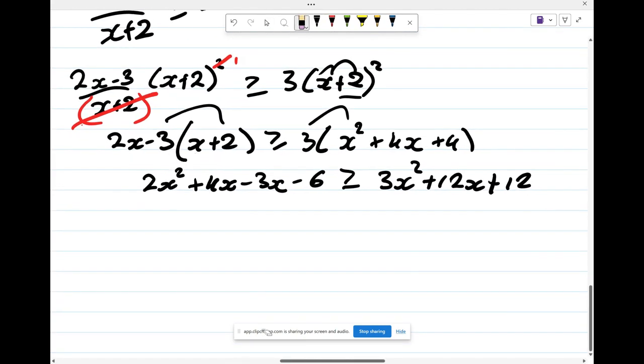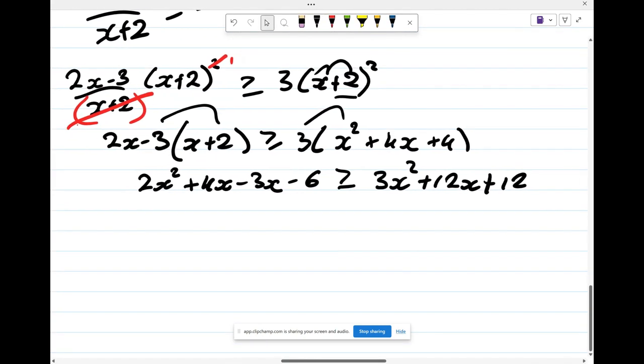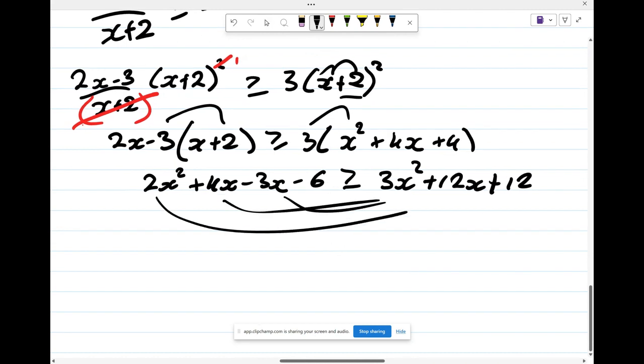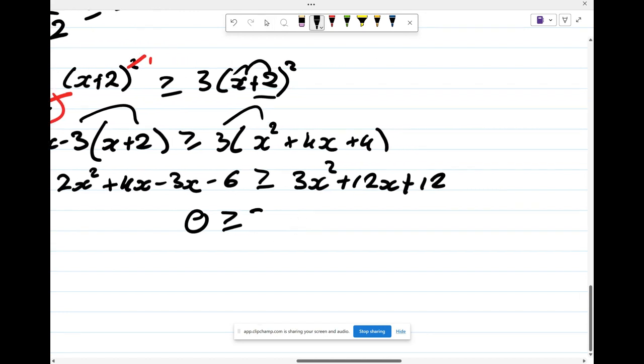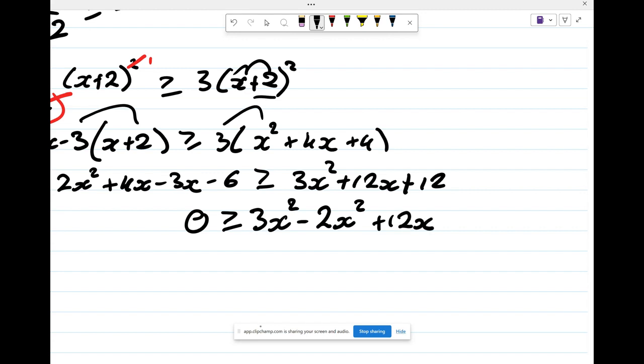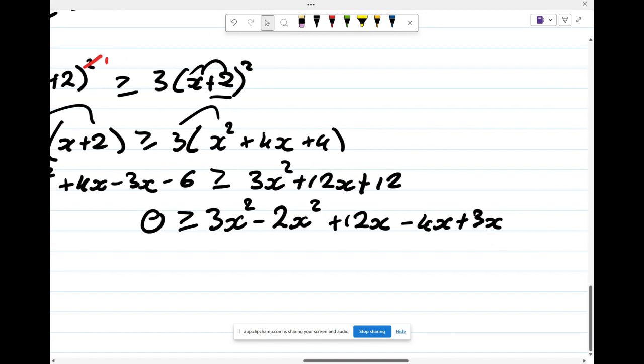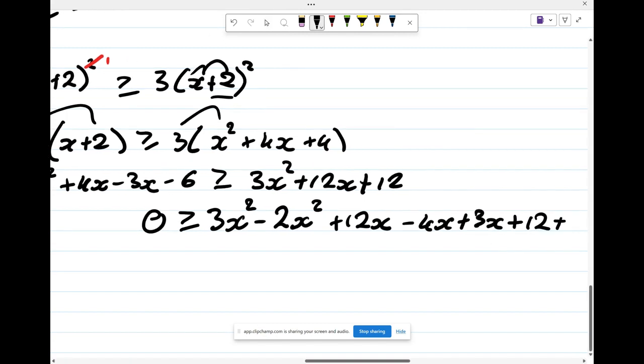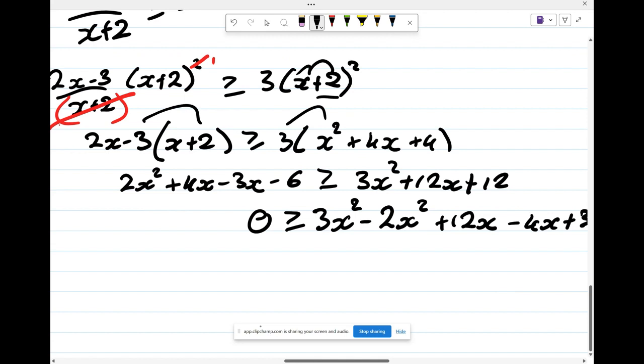Then we can bring everything to one side, so we can bring this across, and this across, and this across. And we're going to be left with 0 greater than or equal to 3x squared minus 2x squared, 12x minus 4x plus 3x, plus 12 plus 6. So all I did there was change the sign of each of these and bring it over here.